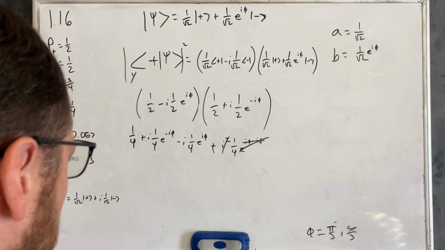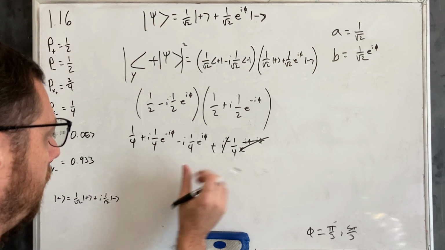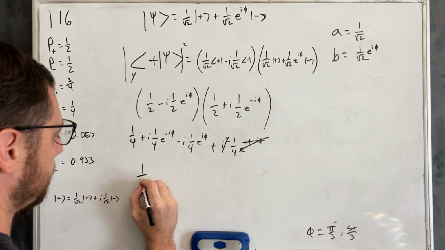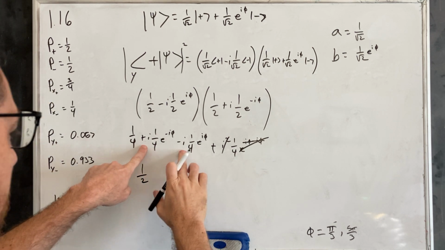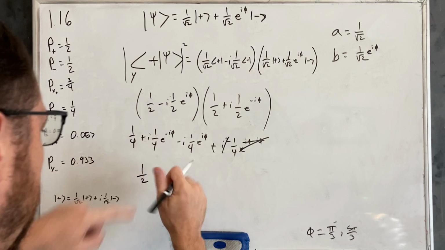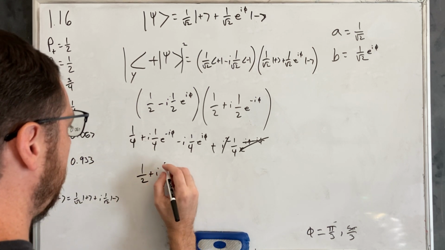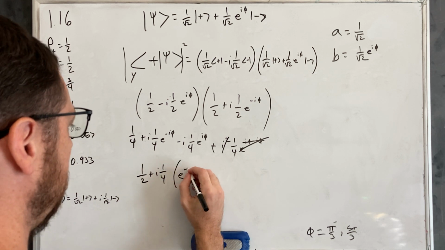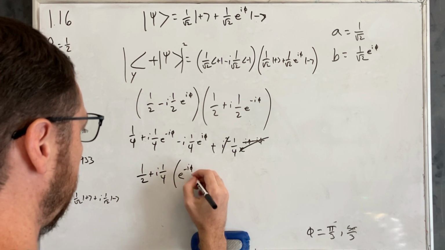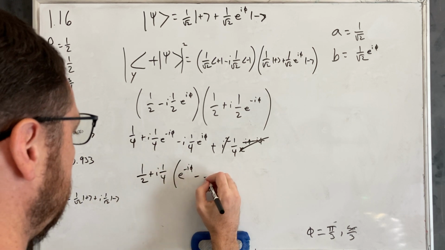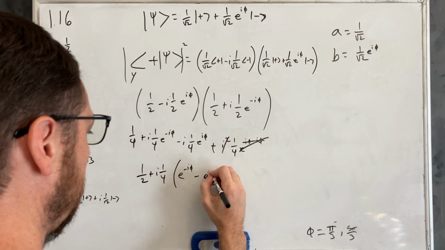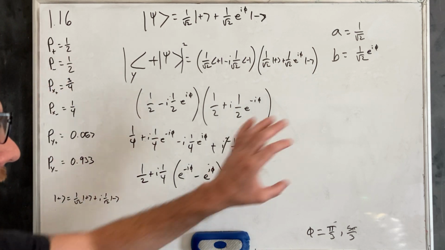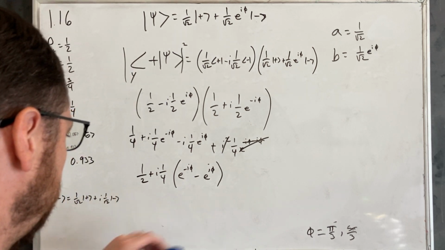And then we've got 1/2. So we have a 1/4 and 1/4, so that's 1/2, plus i 1/4. And then we have e to the negative i phi minus e to the positive i phi. Making sure I'm doing all this right. Okay, I erased my Euler's formula, but let's see if we can just remember that.